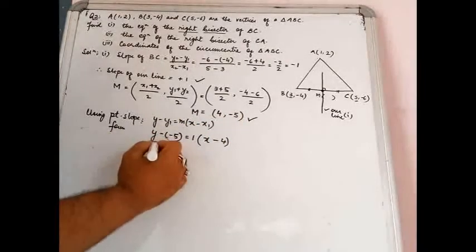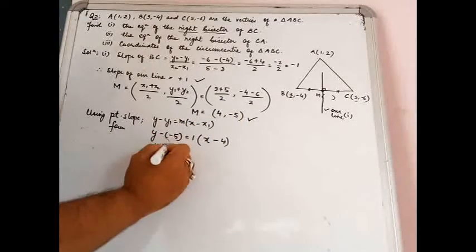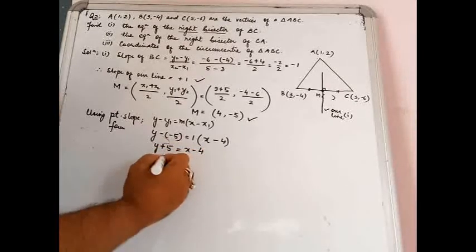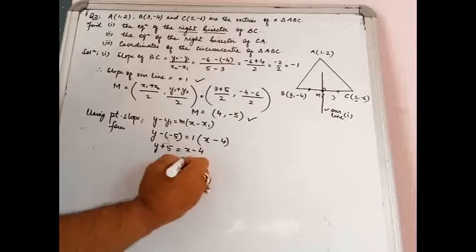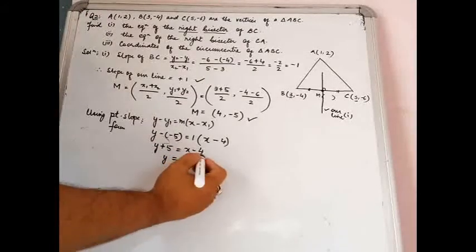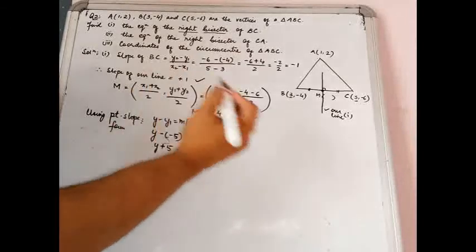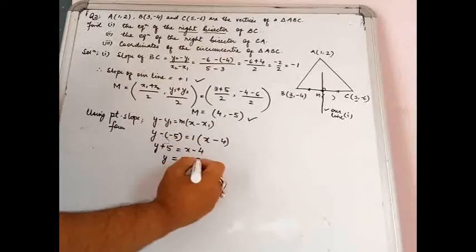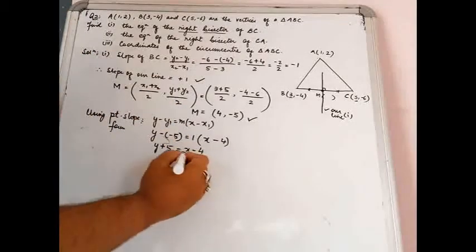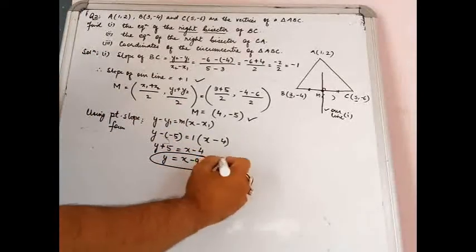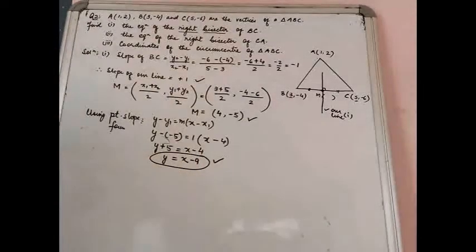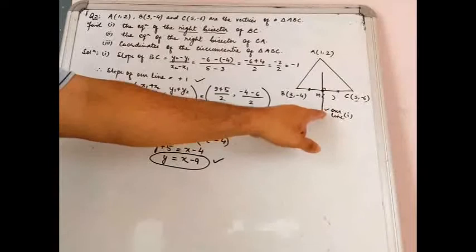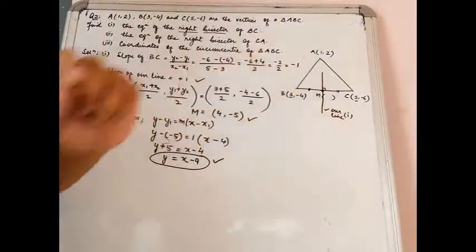Okay, so y minus of minus 5 makes it plus 5, equal to x minus 4. So you can write y is equal to x. Minus 4 is on the right side. This 5 can also go to the right side, will become minus 5. So minus 4 and minus 5 will make it minus 9. Okay, so this is the answer to the first part of the question. This is the equation of our line, which is the right bisector of BC.